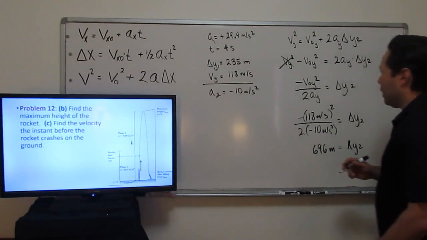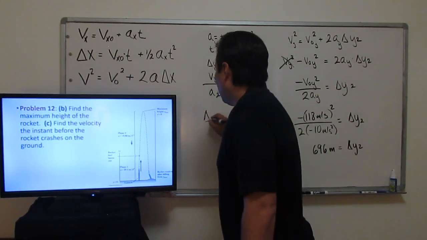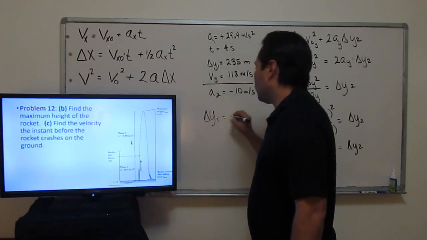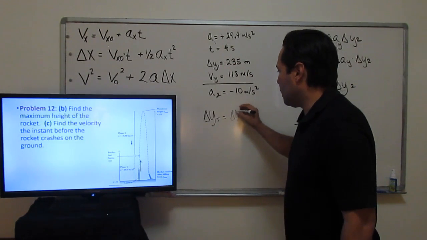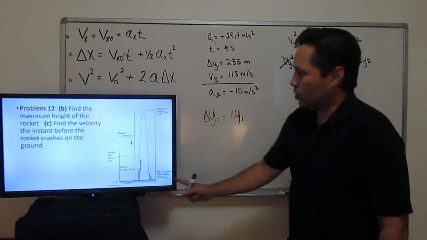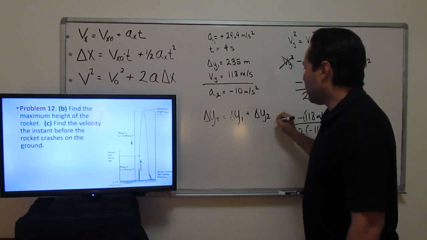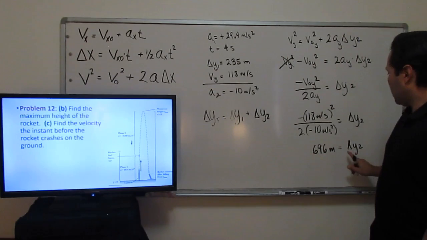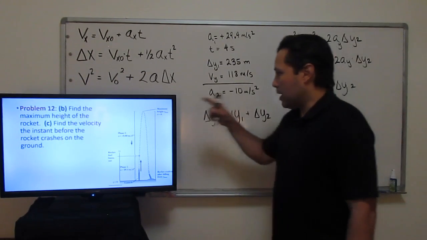Alright, so now to get the grand total, I'll put y with a t for total. It's y of the first part of the journey, while it was with the boosters on, plus y of the second part of the journey, which is the boosters off, but momentum carries it all the way to the apex.